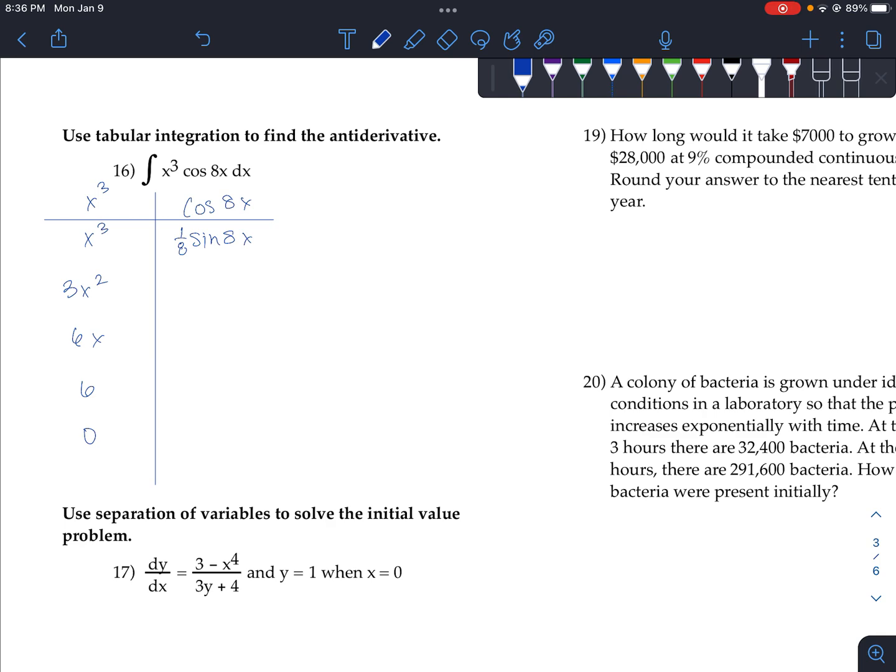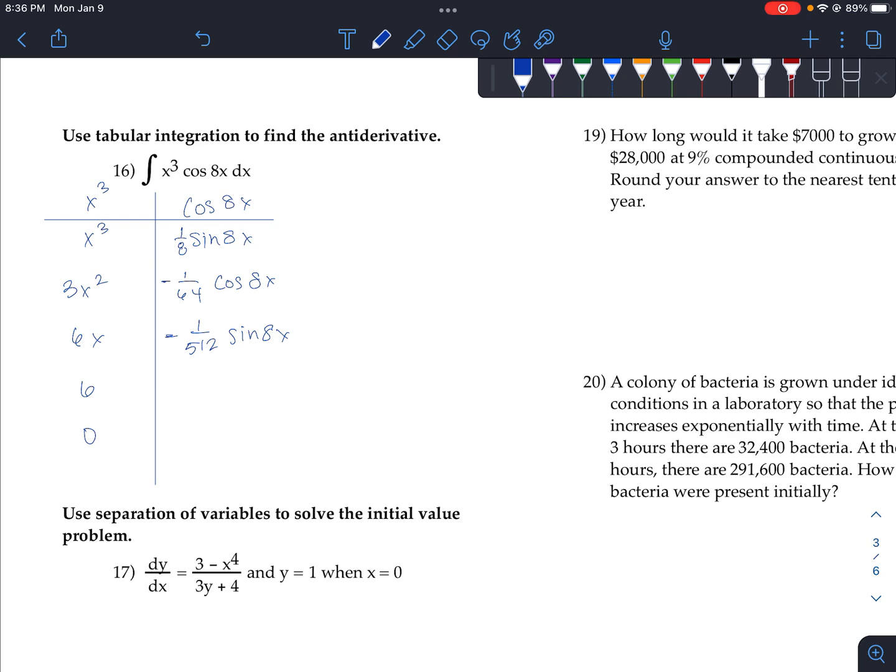Now the next antiderivative is going to be 1 over 64, because again we have to use a 1/8, and this one will have to be negative, cosine of 8x. And the next one should be 1 over 512. This one would be sine of 8x, and this one would also have to be negative.